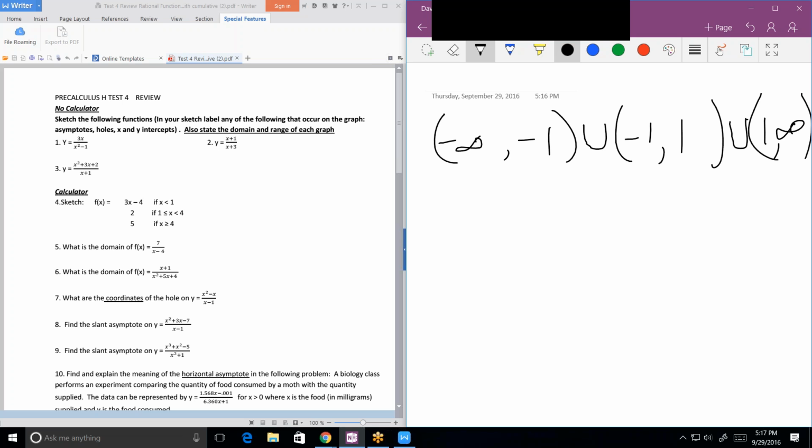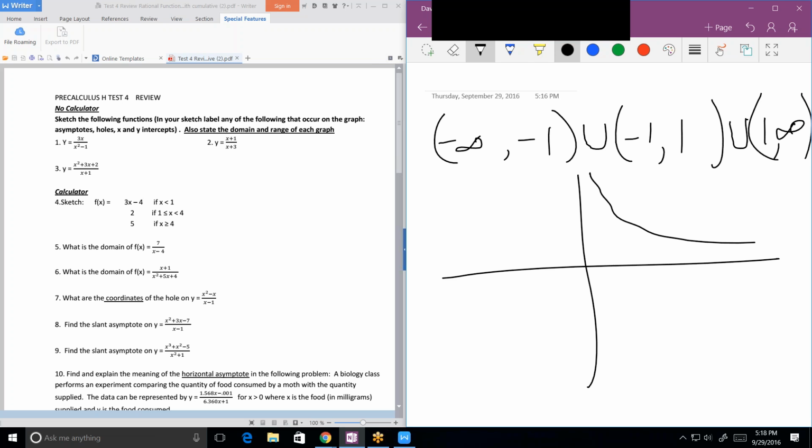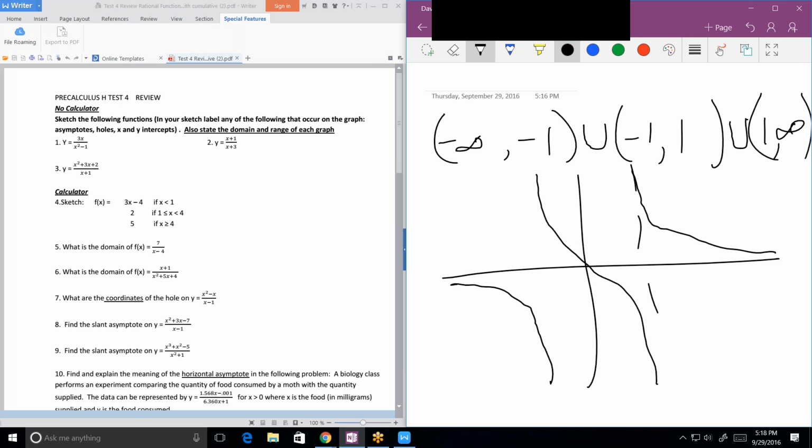Now the range on number 1. If you'll remember what the graph looked like on number 1, it kind of looked like this. Hold on, excuse me. Looked like this. And in the middle we had something like that, right? We have vertical asymptotes here and here.